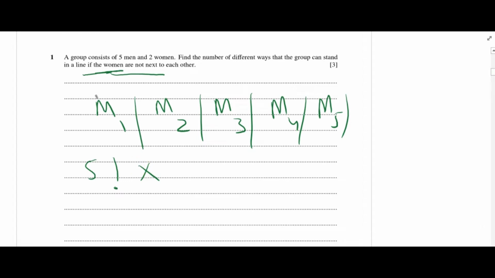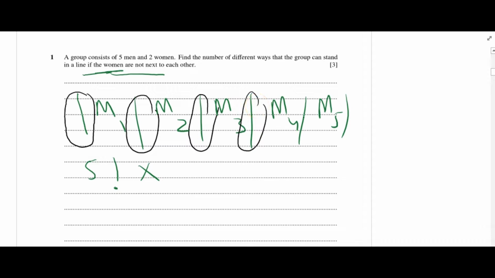If you look at these lines, they show the possible positions for the women. So we have 6 positions.